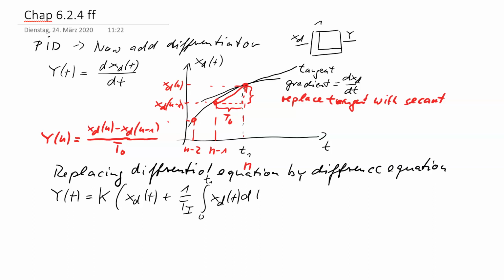That is my well-known PI part, but now we get the differentiation Td multiplied with dxd of t divided by dt. This is the integration equation, the differential equation, we can say, of the PID.